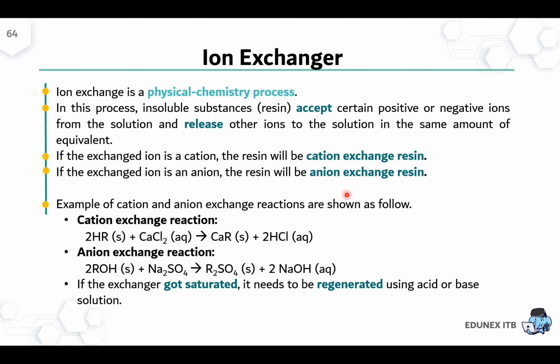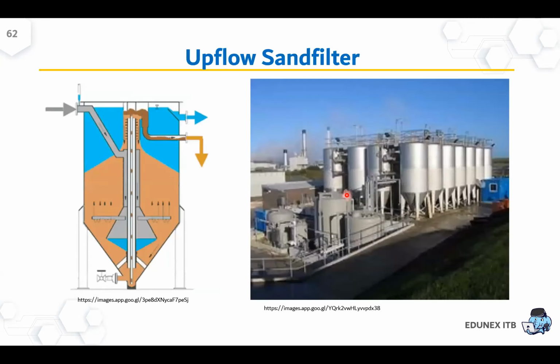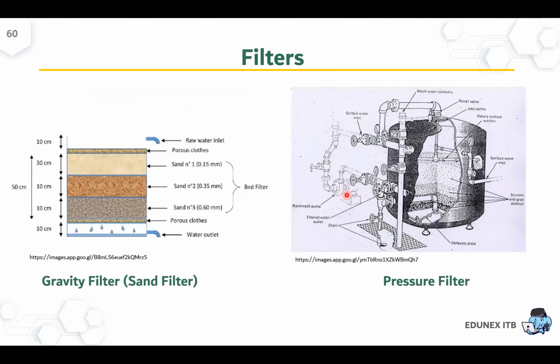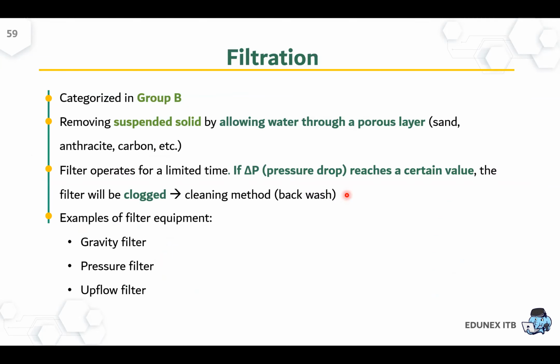I get the information from my father that using abu gosok makes the water much cleaner. So I have to find out why abu gosok can actually make the water clean. But in the real applications, when I try different types of filters, it gives different quality of water, Pak.